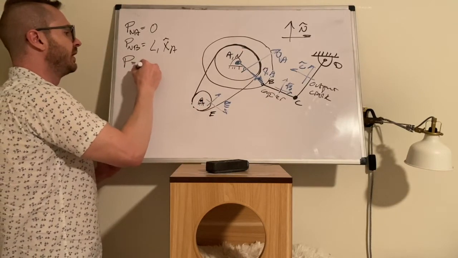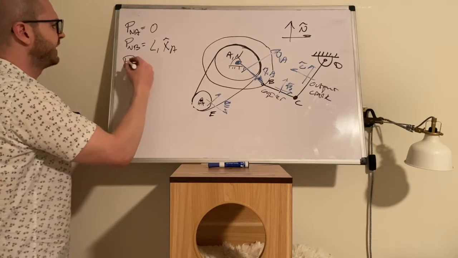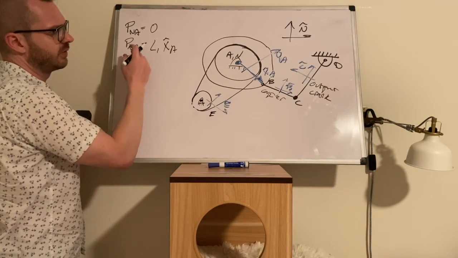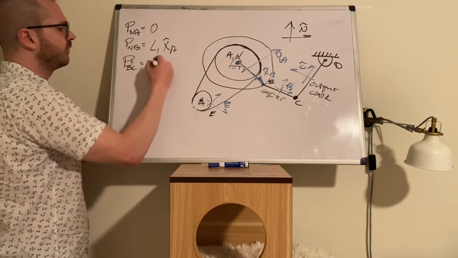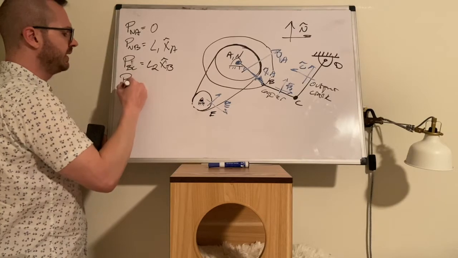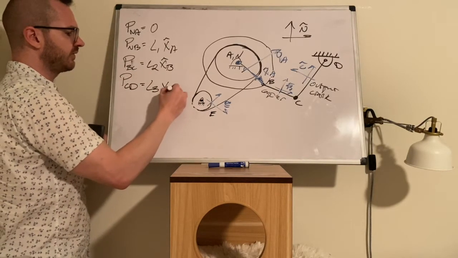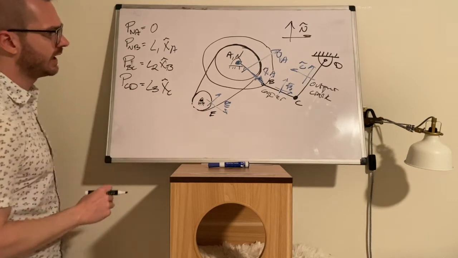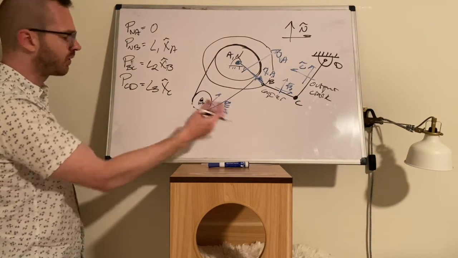So A to B, the position vector from, let's see, we went into B, so we need B to C. This one's L2 x hat B. Let's do P, C to D. That's L3 x hat C. And we need to know where this disc is. Even though it doesn't move, it's a part of the problem.